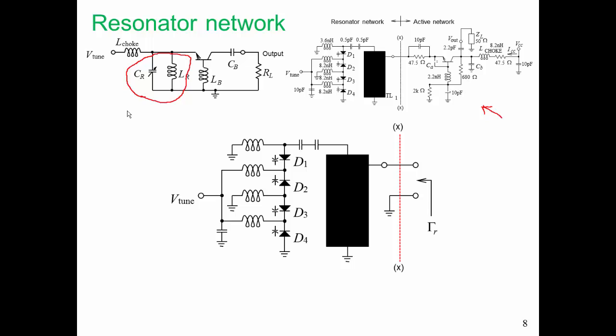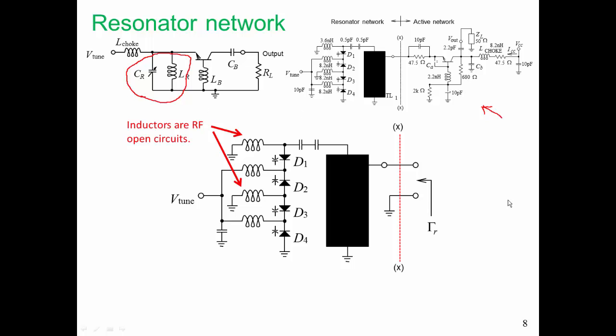So let's remove some elements from consideration. First of all, those inductors down the left hand side attached to the diodes D1, D2, D3 and D4 are RF open circuits. So they're designed to have an impedance which is quite a bit higher than 50 ohms in magnitude at least.